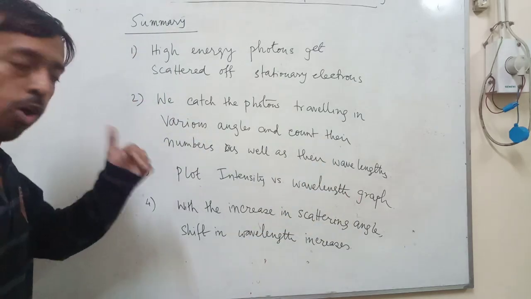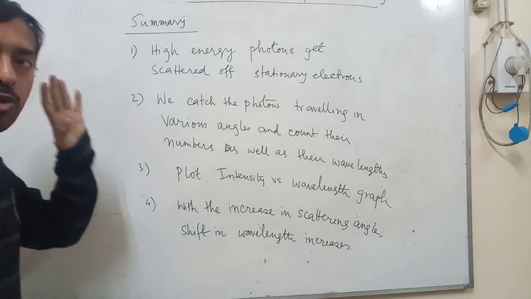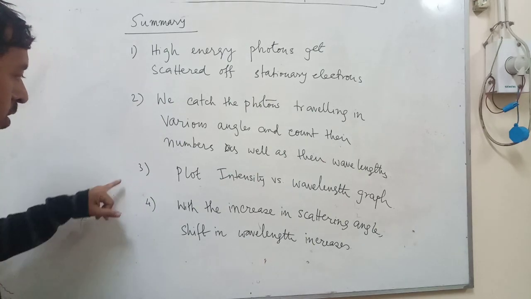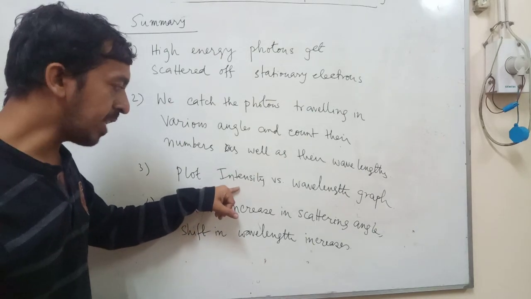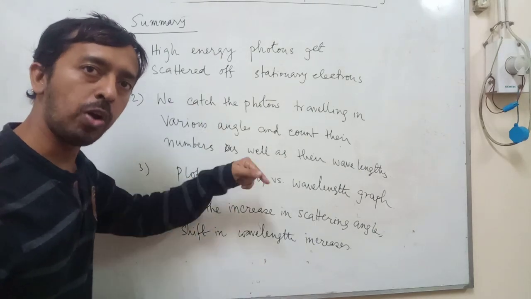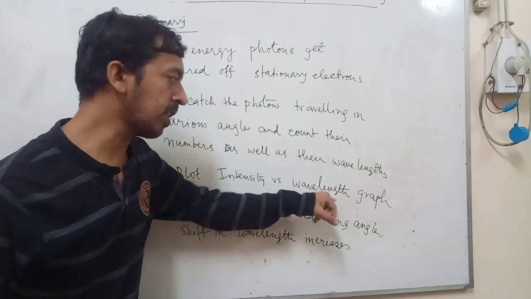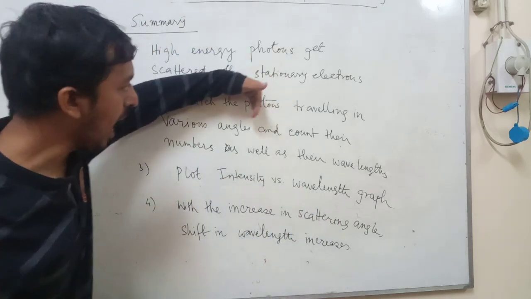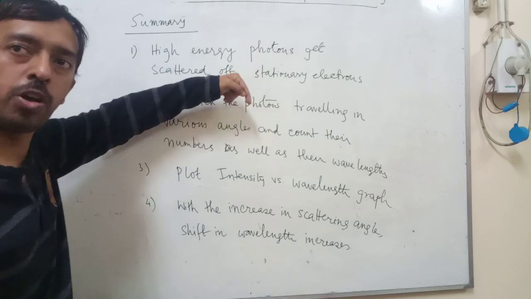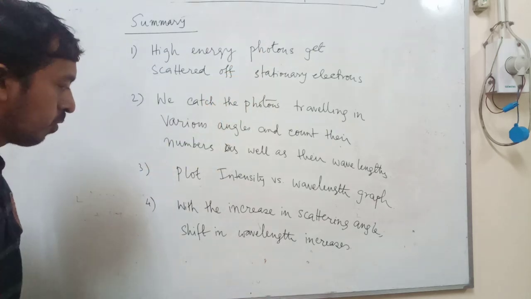The incident photon wavelength is already known. Then we plot the intensity, meaning the number of photons along a particular direction, versus wavelength for various scattering angles: theta equals 0, theta equals 45 degrees, theta equals 90 degrees, and so on.